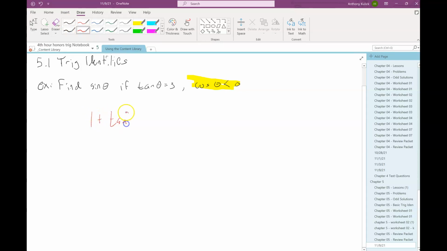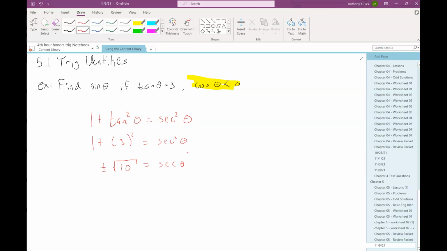It says 1 plus tan squared theta is equal to secant squared theta. If I know tan of theta is 3, I can plug that in. So 1 plus 9 is 10, and when I square root both sides, I get that secant theta is plus or minus root 10.